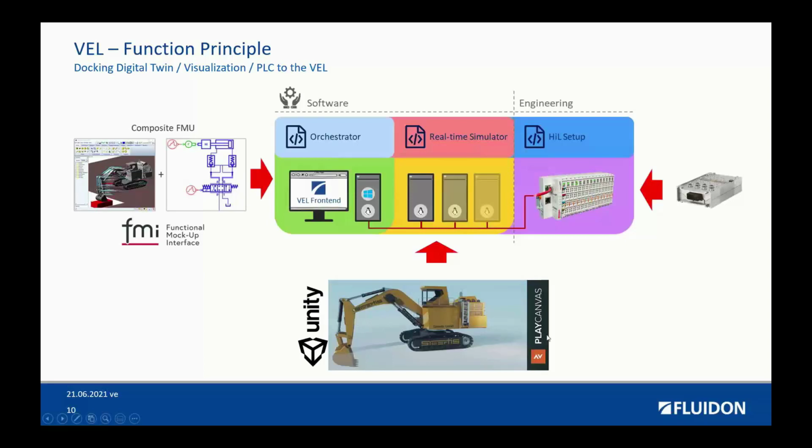And of course, 2D visualization is possible in terms of scopes or XY plots. Thanks to the open architecture to third-party products, Fluidon's virtual engineering lab offers seamless integration of simulation, visualization, and virtual commissioning. Our customers are free to choose which simulation tool suits best for their application. In any case, the virtual engineering lab is a central platform.